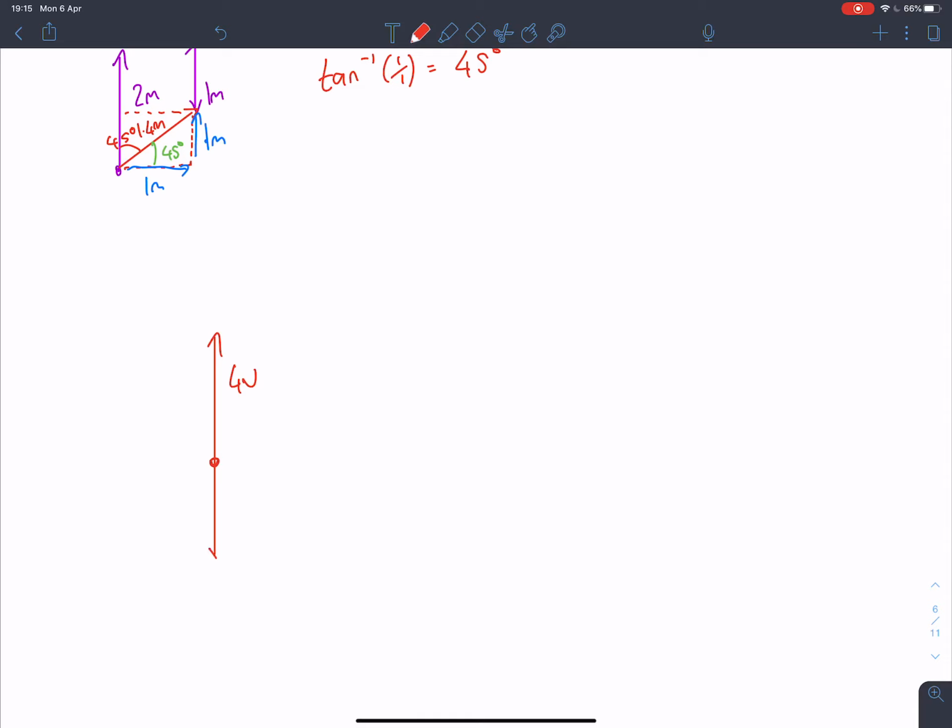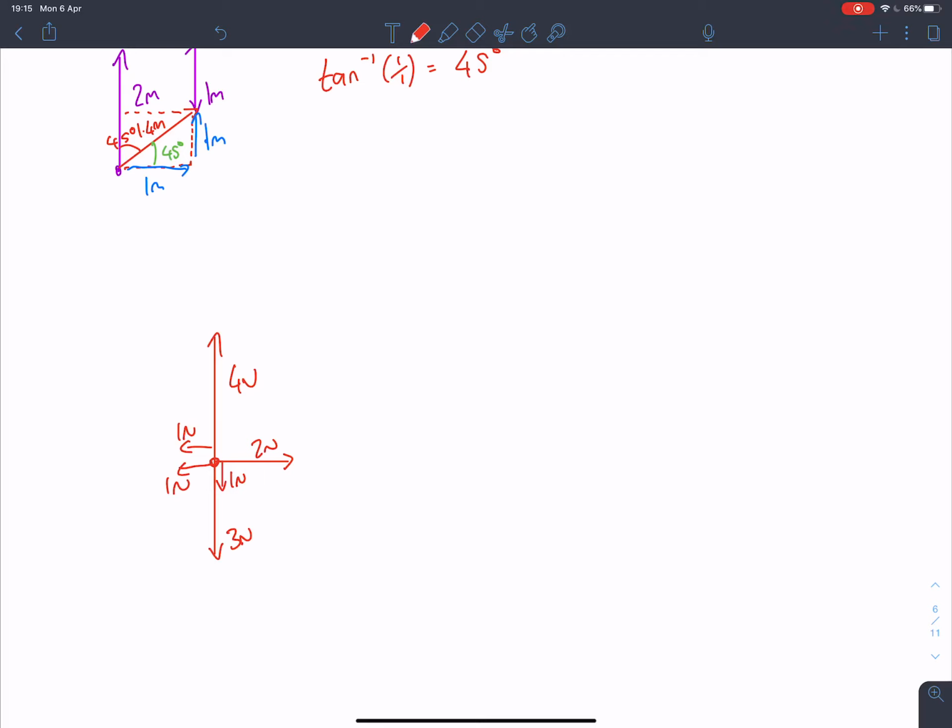It's got to be a little bit shorter there. 3 newtons down. 2 newtons to the right. We'll have another 1 newton arrow down. We'll have 1 newton that way. And another 1 newton that way.